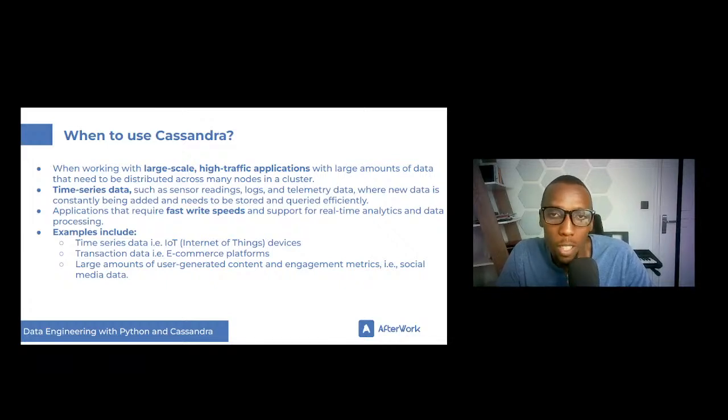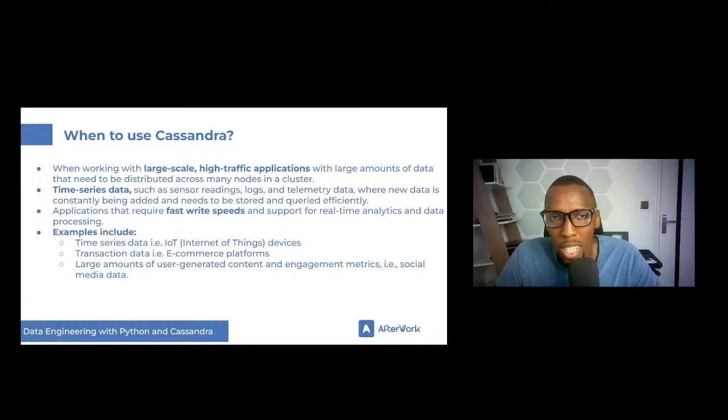So if you have lots of data that you're collecting, and you need to ensure that that data is securely stored somewhere, so that in case of node failure you can still retrieve that data, then Cassandra would work. Again, if you have just basic use cases for your data, you may not necessarily need to work with Cassandra. You can just use a normal relational database or even a simple NoSQL database like MongoDB.